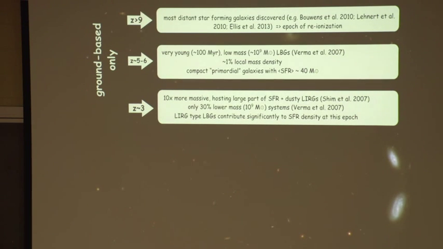So what do we know about these high redshift galaxies? At redshifts greater than 9, this is where we have the most distant star formation going on, and where we think the epoch of what we call reionization occurs. The first stars are formed due to density fluctuations, so the medium is not smooth.